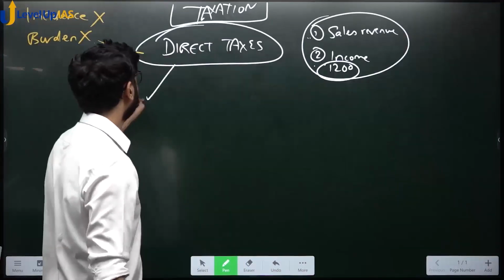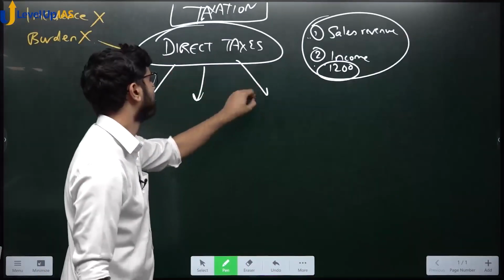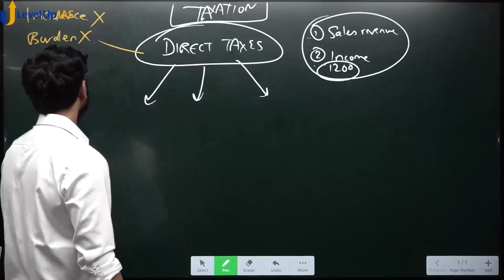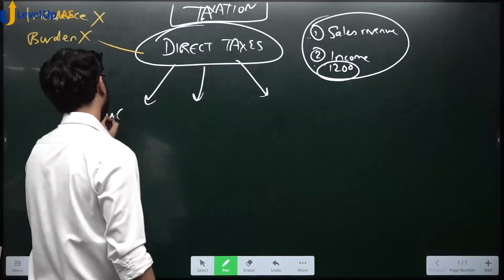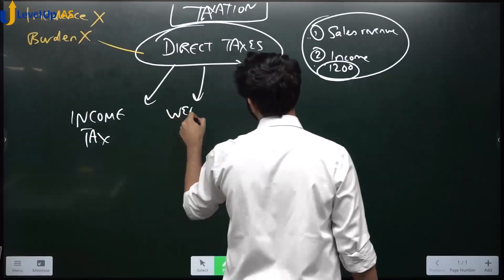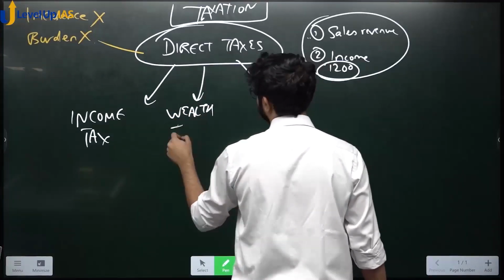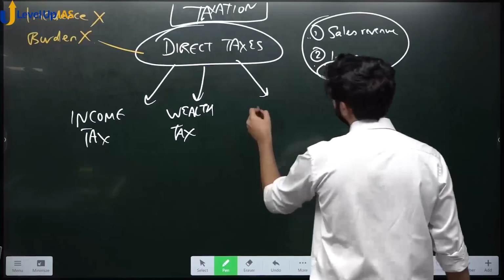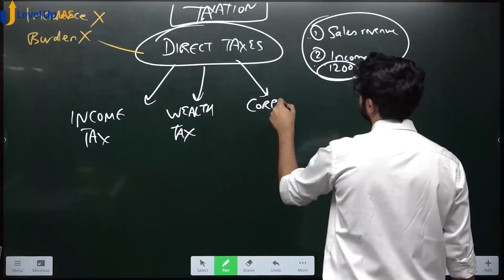So we are going to see a few taxes here. The most famous one is income tax, obviously. Then comes wealth tax. Then comes corporation tax.